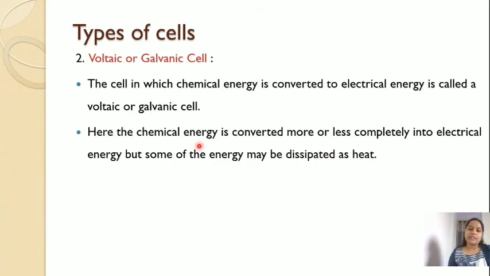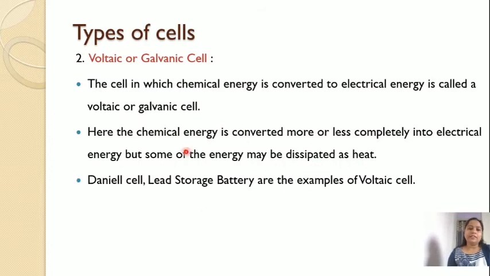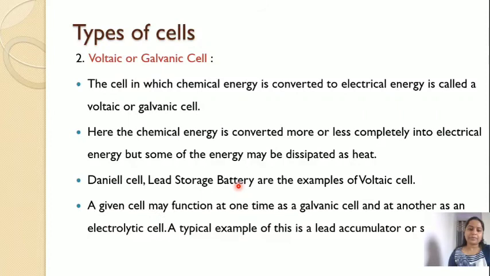Examples of galvanic cells are the Daniell cell and the lead storage battery. In these cells, chemical energy is converted into electrical energy.